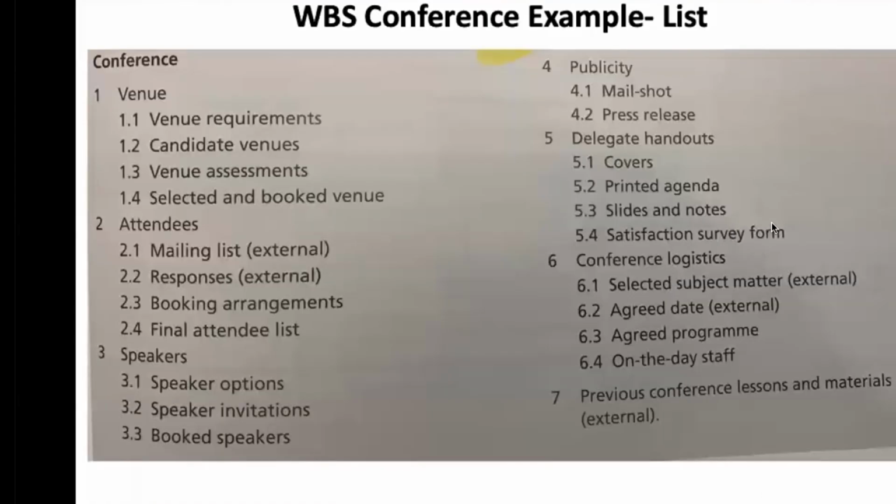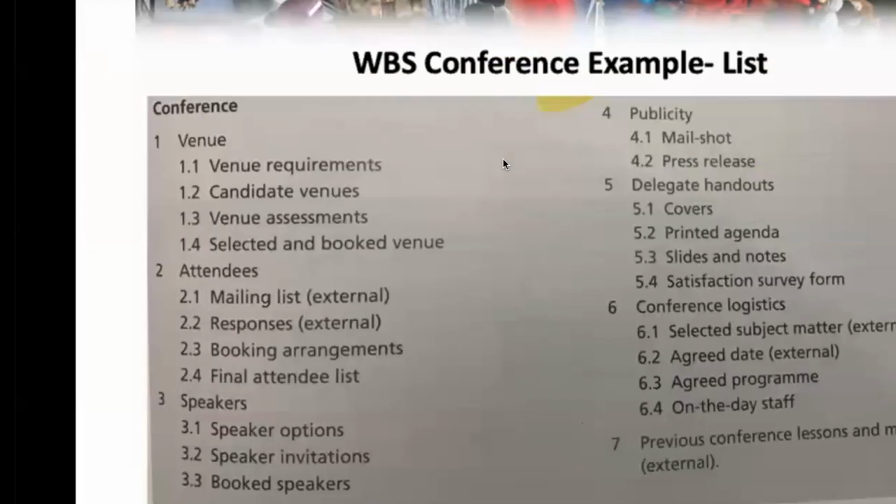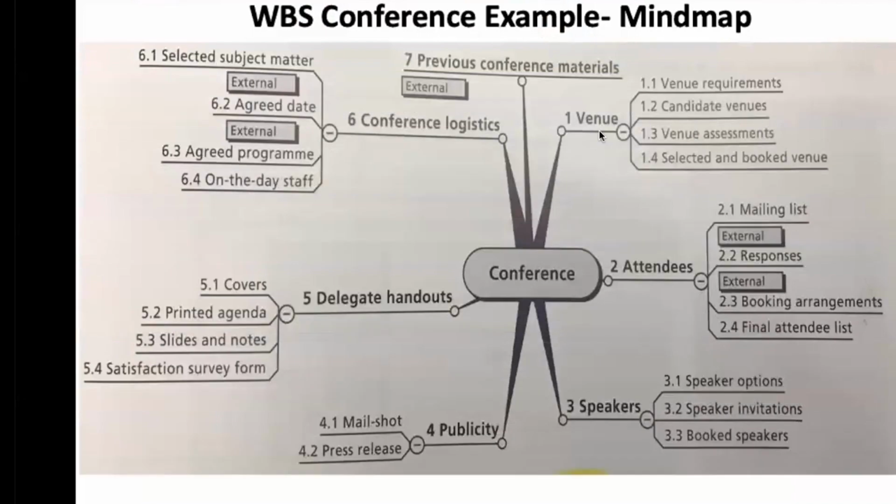There are others as well. This is what we call a list, okay? Same thing: venue, attendees, speakers, publicity, handouts, logistics. There you go. Same thing, just a different picture, okay? Which one is good? Well, you can use both, but how about a mind map?